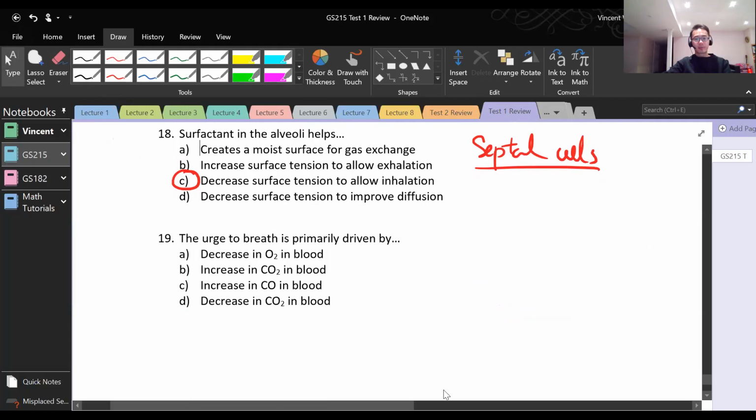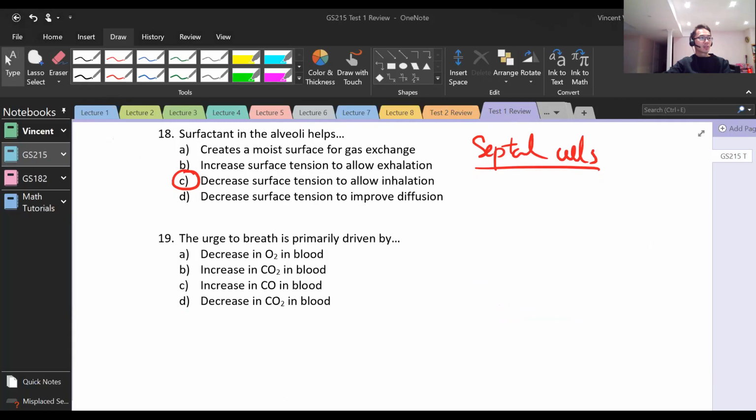Okay, number 19. I expect everybody to get 19 right. We talk about this multiple times. So please choose the right answer for me.